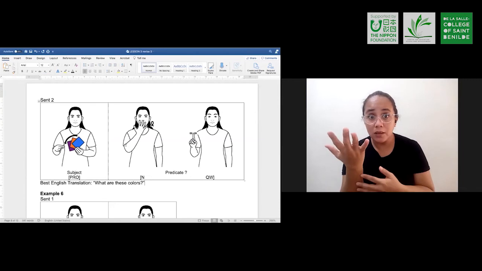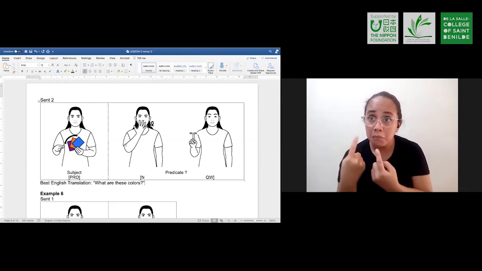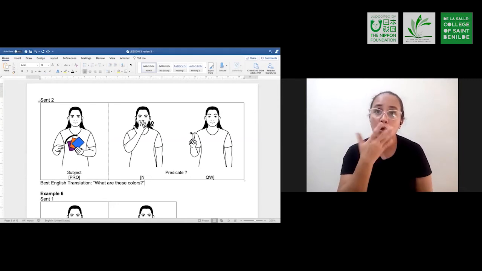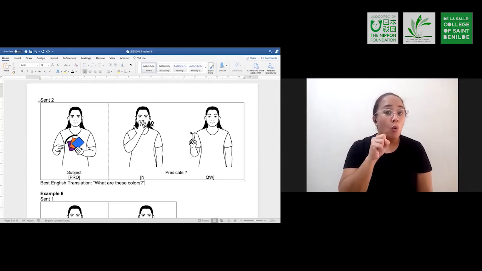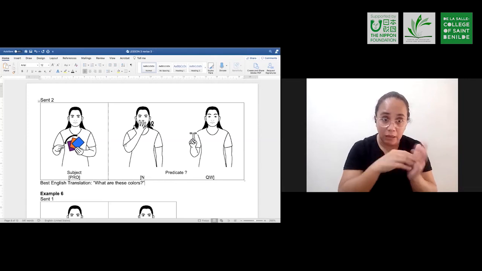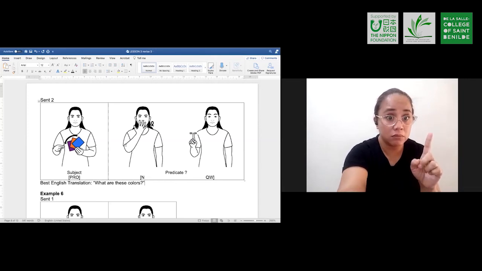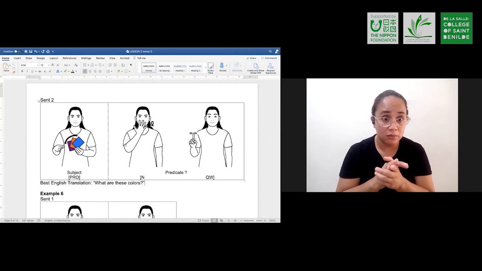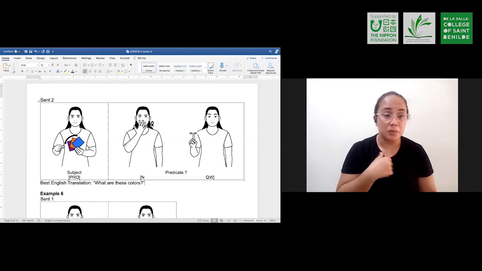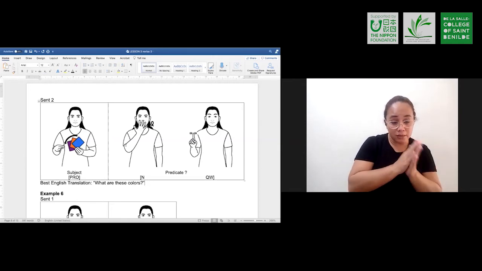You wait for an answer. The person says colors 3 or 3. And then you ask the question, colors what? So I'm talking about taking turns.